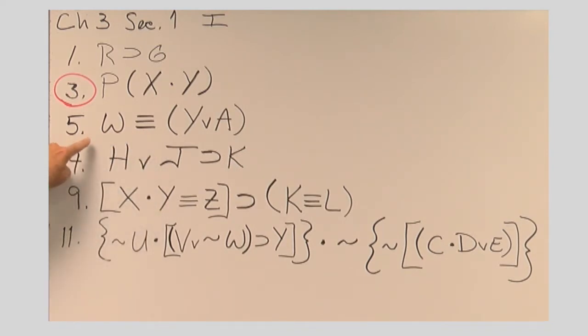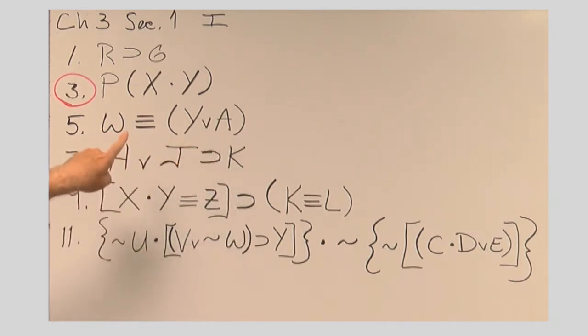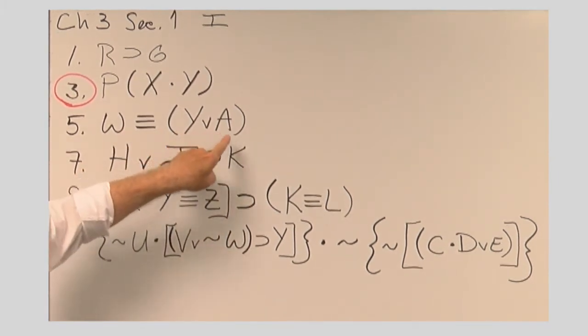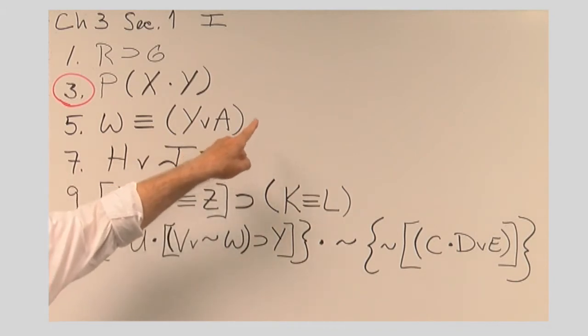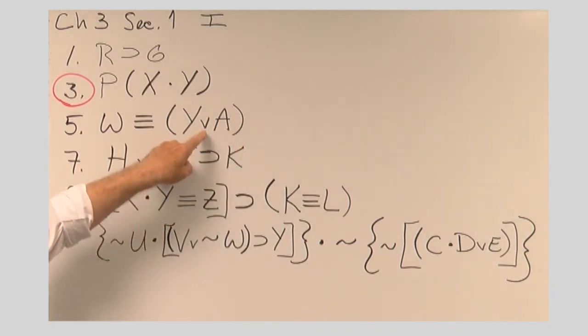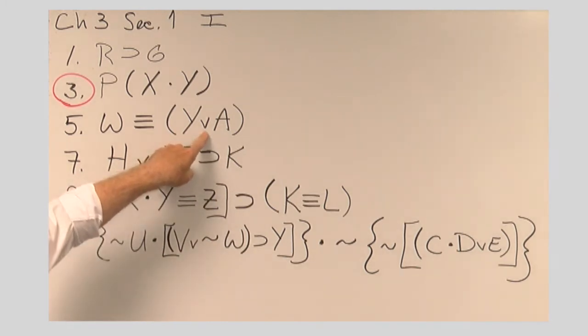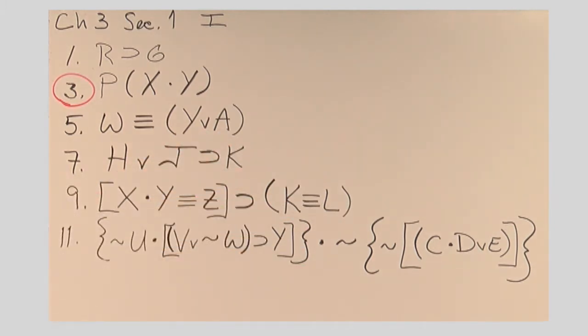The left equivalent is simply the letter W, and the right equivalent is the parenthetical expression Y wedge A. There's an open and closed parens, like there should be, and inside of the set of parentheses, there's one governing connective, the wedge. So it is well formed. We don't have to do anything further.